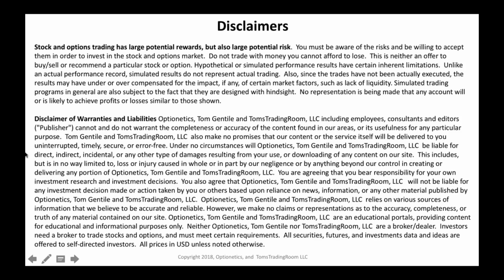And so what we do, myself, Jay, and everyone else associated with Optionetics and Tom's Trading Room, is try to show you what it is that we do as rules-based traders. Now, rules-based trading is not 100% either, but what rules-based trading does is allow you to pull the emotion out of trading and therefore gives you a much greater chance of consistent results.